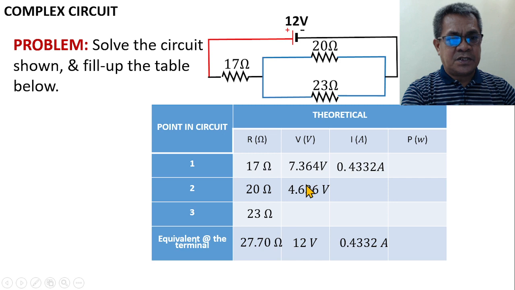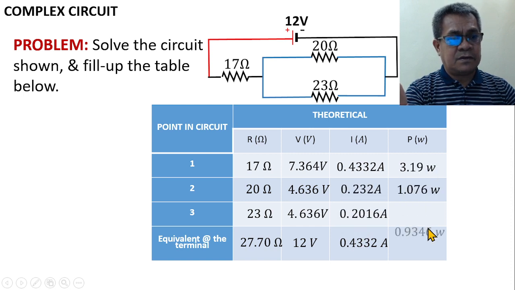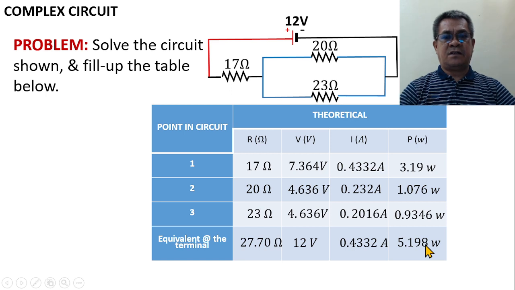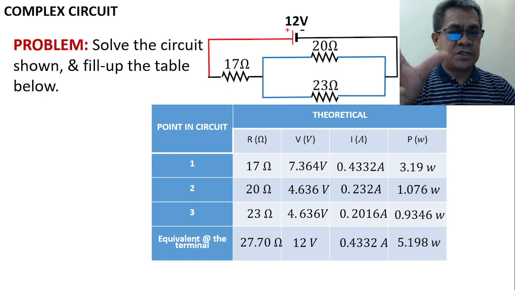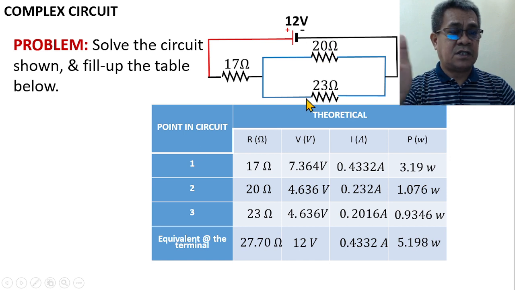Then this voltage is 4 point something. You can calculate that. Then the same voltage here. Then Ohm's law, and we have the power. That's it. So these are the different connections of the resistors in series, parallel, and complex.